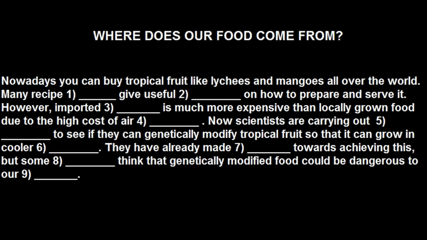Where does our food come from? Nowadays, you can buy tropical fruit like lychees and mangoes all over the world. Many recipe books give useful information on how to prepare and serve it. However, imported product is much more expensive than locally grown food due to the high cost of air transport.